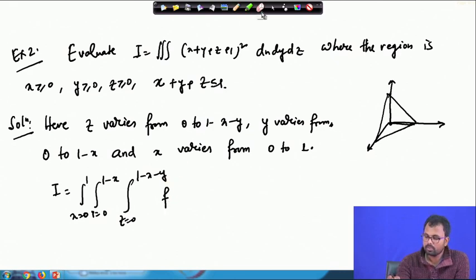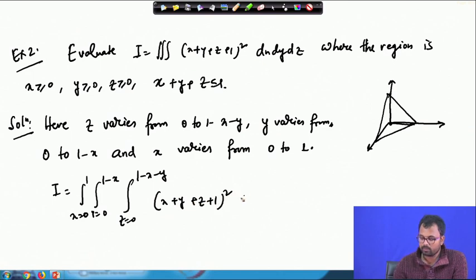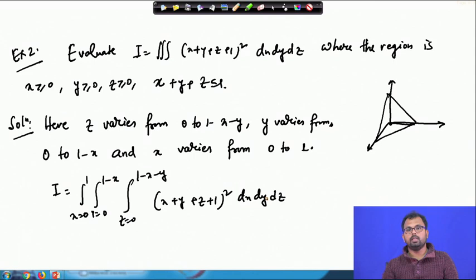Let us write these integrals a bit apart so that we can write these things neatly. f(x, y, z) is basically 1 over (x plus y plus z plus 1) whole square, dx dy dz. Now we will integrate this integrand. This will require some time to perform.